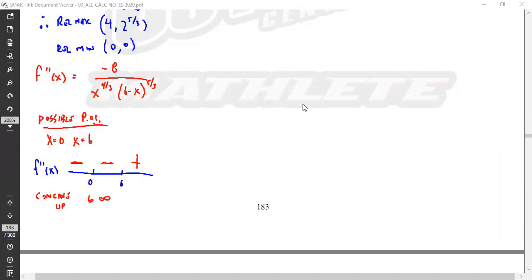On 6 to infinity, concave down. On negative infinity to 0, and then 0 to 6. Our slope is undefined at 0.